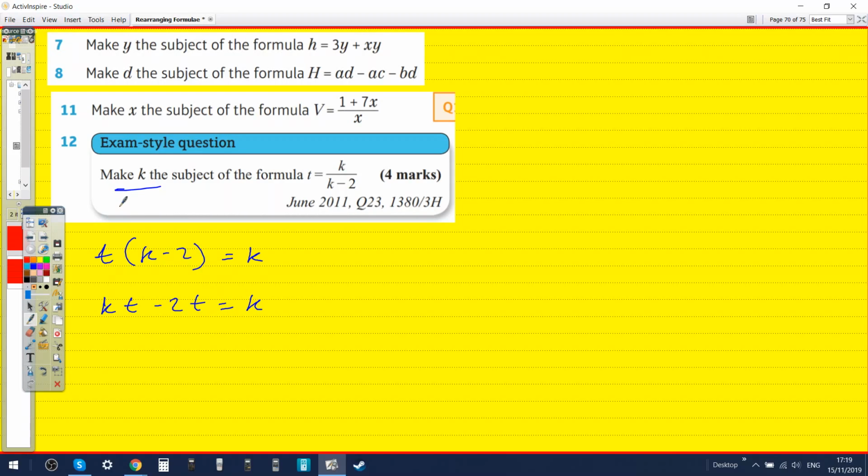So minus kt on both sides. So minus 2t equals k minus kt. But then how do you get rid of the t? We don't mind. All we have to care about is getting k equal.